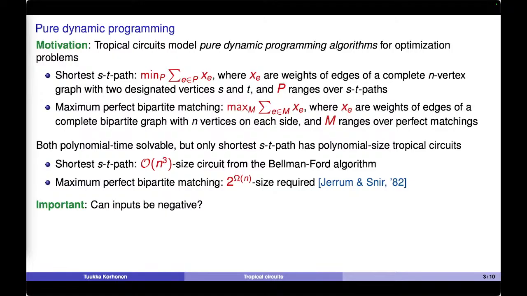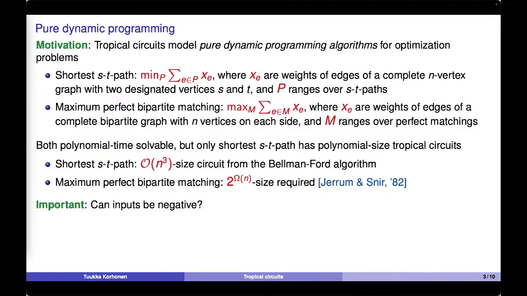So this one only works when you have an assumption that the inputs are non-negative numbers. I don't really care what numbers, maybe integers, maybe reals. This doesn't matter, but negativity matters a lot.